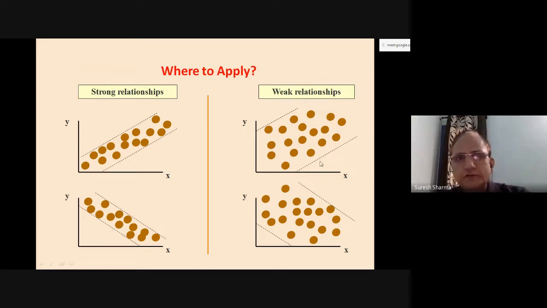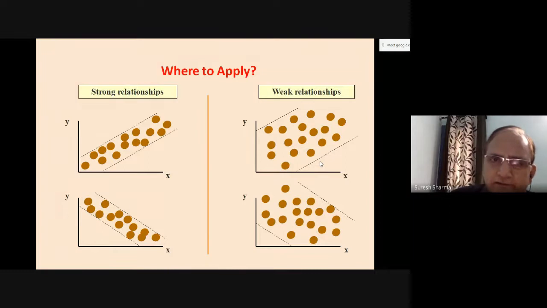Now, what is the idea of a strong and weak relationship? If you see this, the points are increasing. And here also points are decreasing. But if you see carefully, on the right-hand side, here also points are increasing, here also points are decreasing.